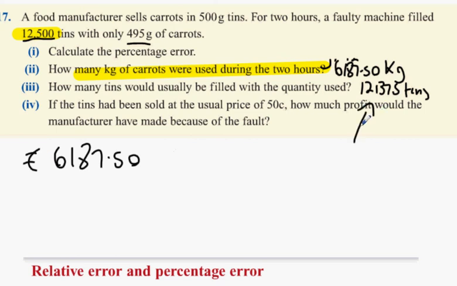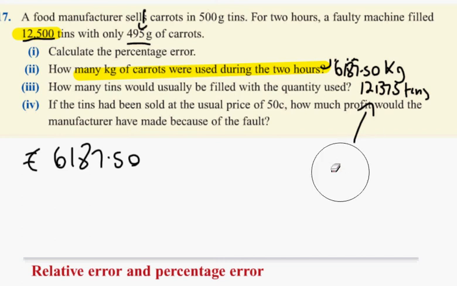Now, the problem is we didn't make that many tins. Did we make more or less tins than that? We actually made more. We made this many when filling 500 grams per tin, but our faulty machine did 495 grams per tin. This means we're actually going to make more tins, but there's less in the tin.